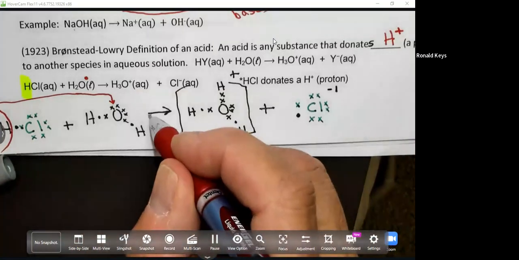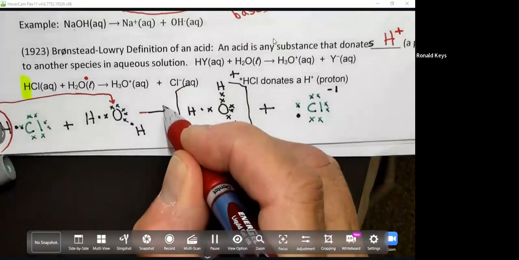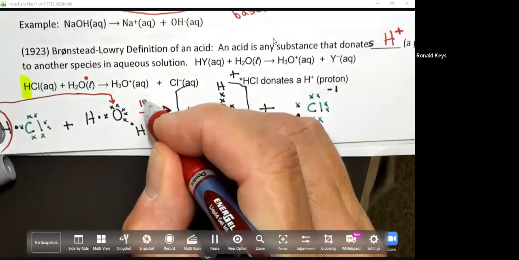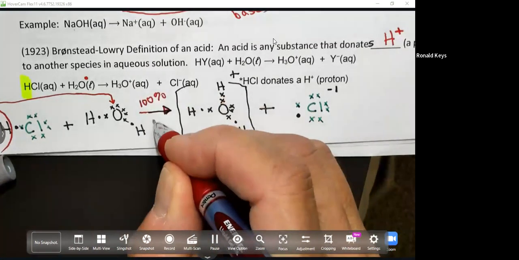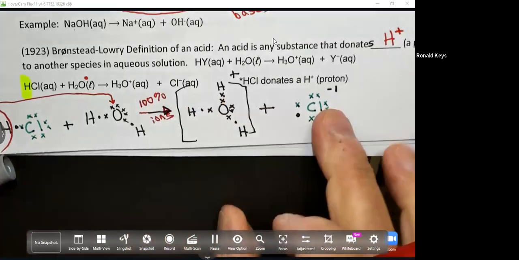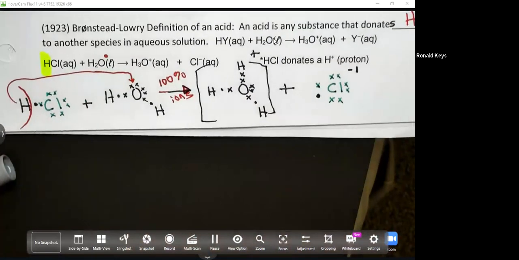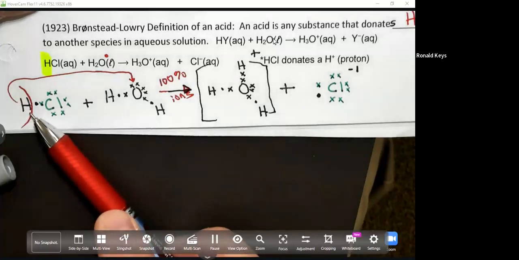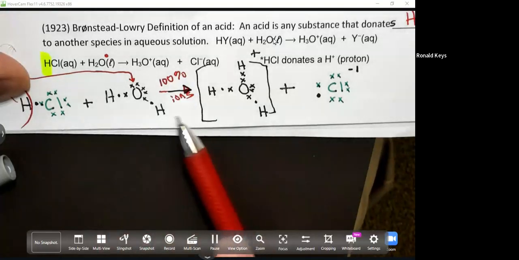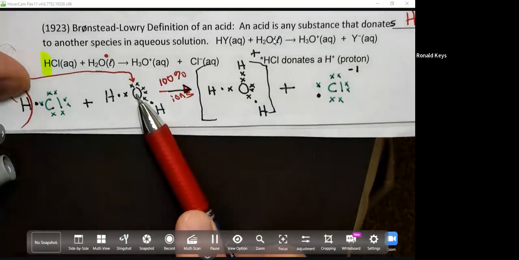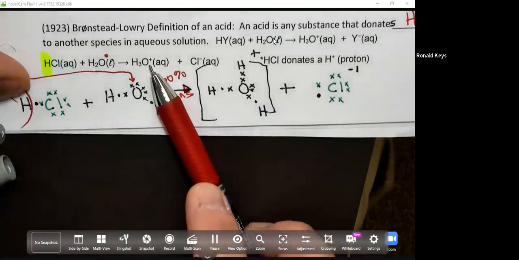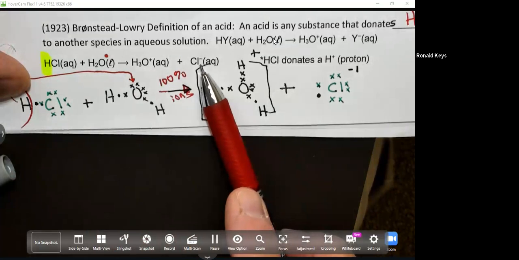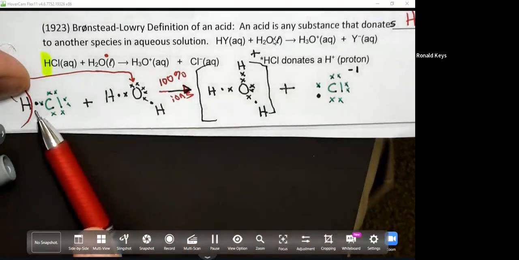That's what we mean by a strong acid. 100% turns into ions. The hydrogens come off. Where do they go? In this case, they attach to neutral water. That's how we get the +1 charge. We get the negative charge because hydrogen's electron is left behind.